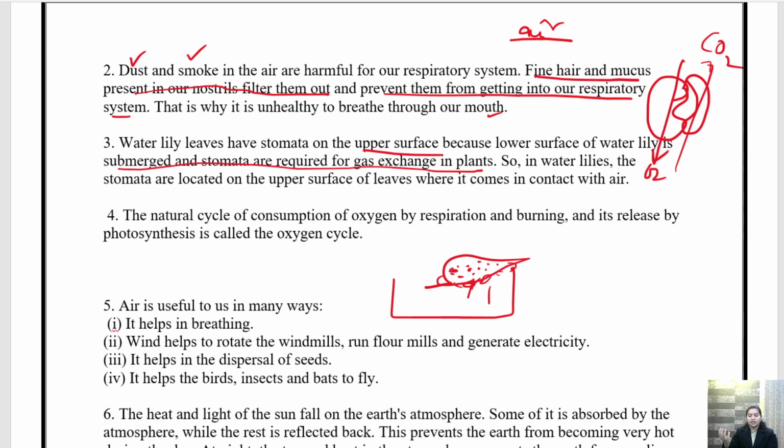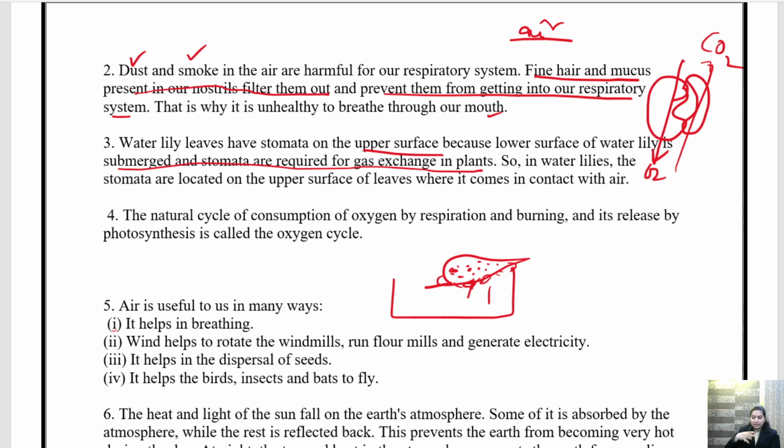How does it maintain it? Humans and living things inhale oxygen, and they release carbon dioxide. This carbon dioxide is taken by plants for the process of photosynthesis. They prepare their food and they again release oxygen, and that oxygen we again inhale.